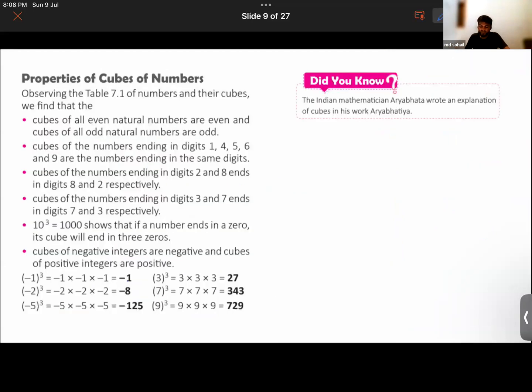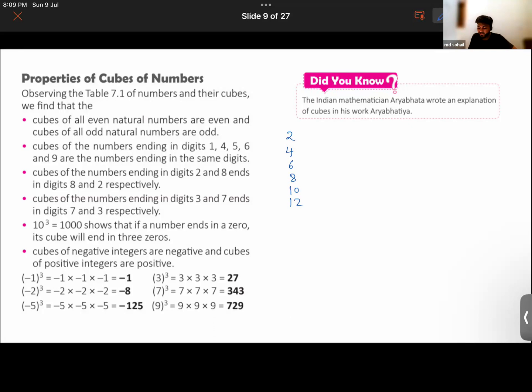Now let's move ahead and talk about some properties of cubes of numbers. Take the even natural numbers 2, 4, 6, 8, 10, 12.